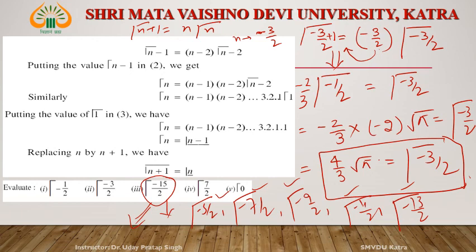If we replace n by 0 in this formula, then 0 plus 1 is equal to 0 into gamma 0. Is it possible to evaluate this one? By this formula it is not possible to evaluate.